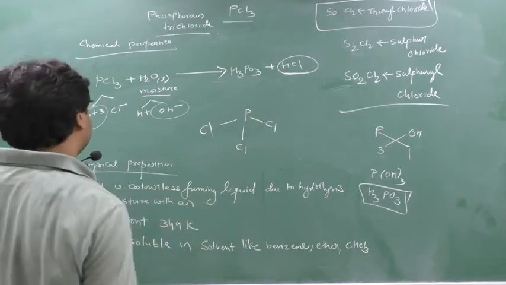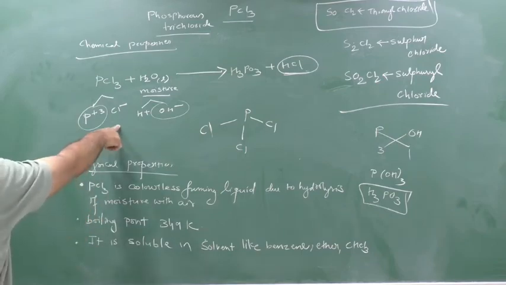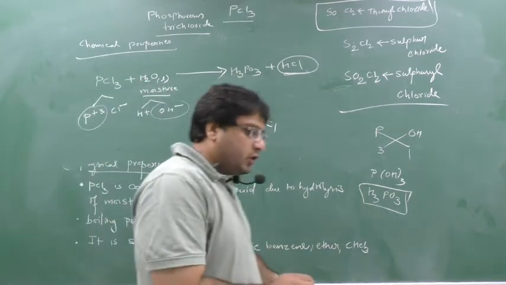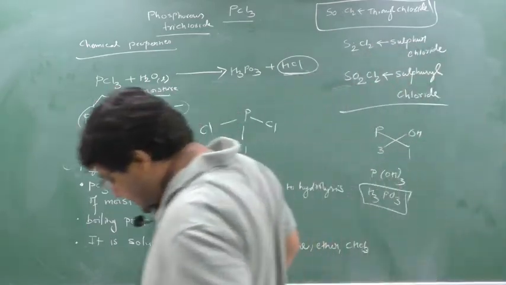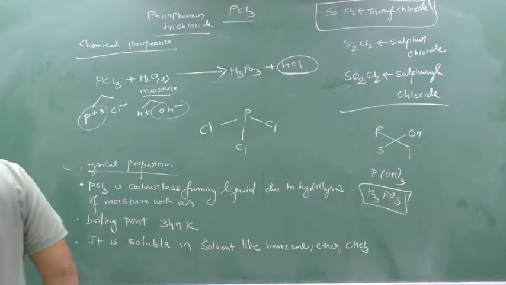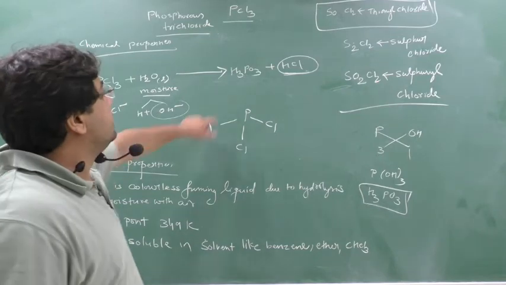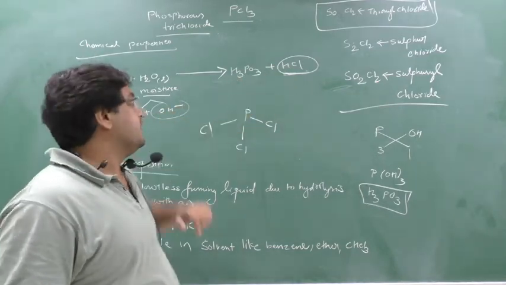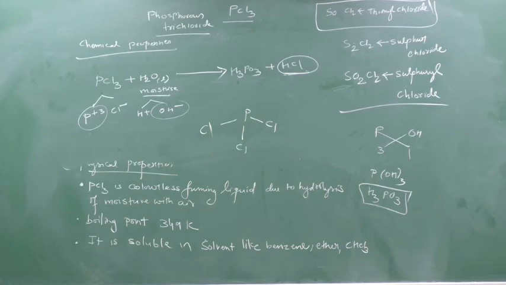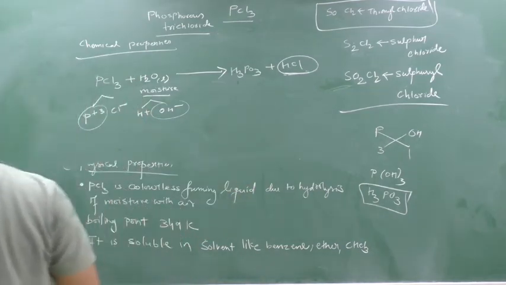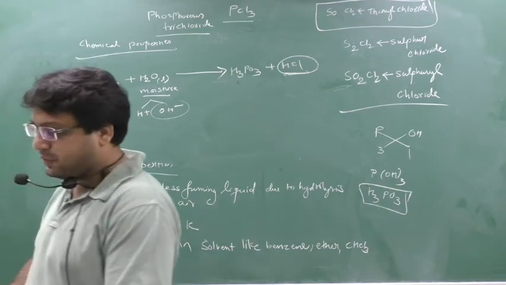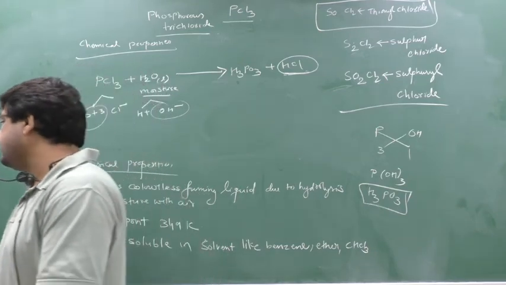So the P-Cl bond gets decomposed into P plus 3 and Cl minus, and forms H3PO3 and HCl.